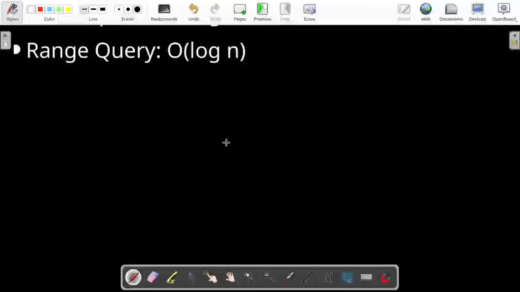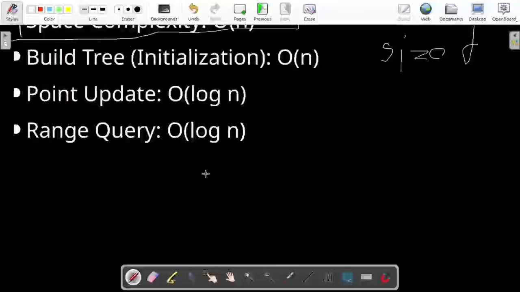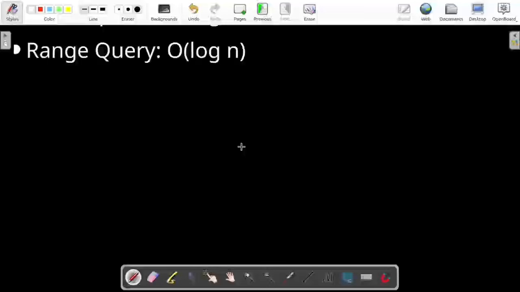And in this part you will also get the answer why a segment tree is a binary tree data structure. As we saw, the way we are dividing the queries results in a binary tree. Why we are dividing the queries from the middle, you will understand in this time complexity part. Let's understand first the space complexity. As we all know, a segment tree is a complete binary tree.